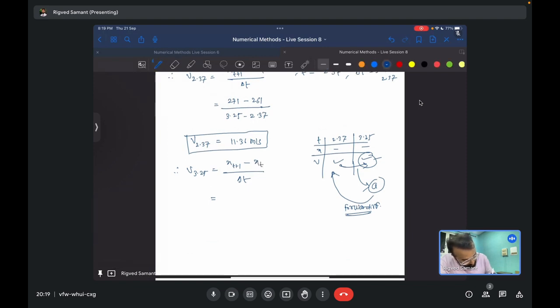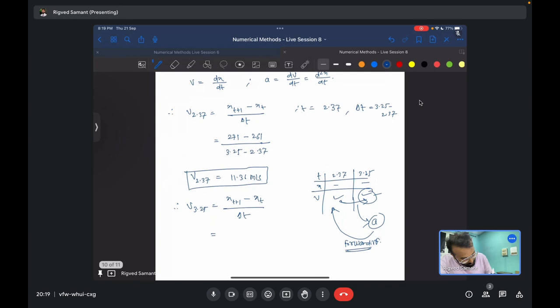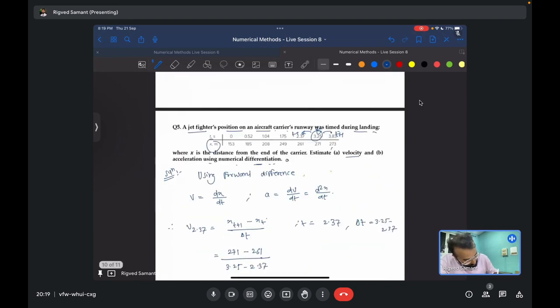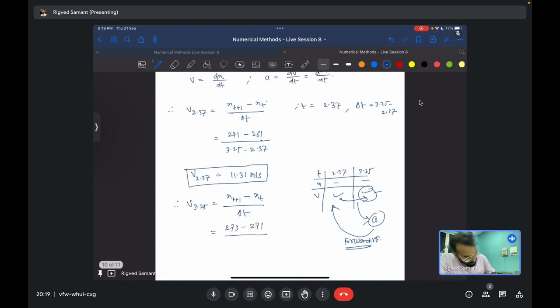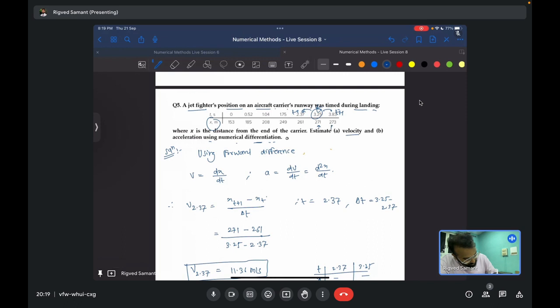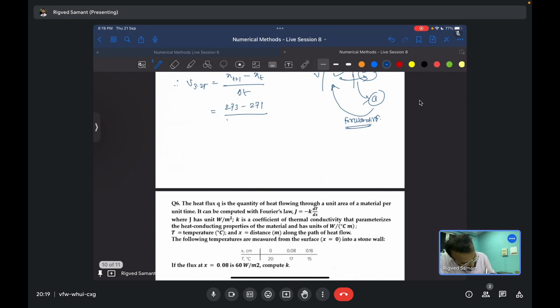So 273 minus 271 divided by delta t, which is 3.83 minus 3.25. So this value would be 3.44 meters per second. That is v of 3.25.